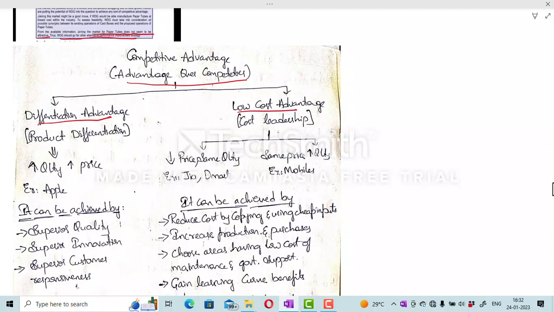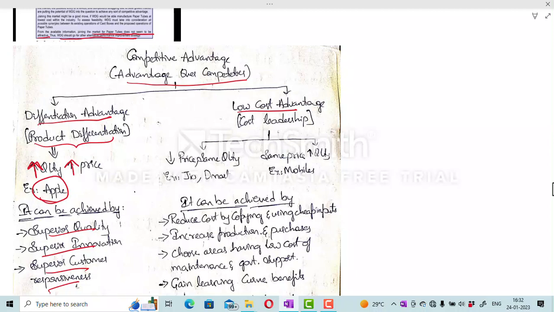Differentiation advantage can be earned by giving product differentiation, means providing high quality product at high price, like the premium prices that Apple charges. It will give high quality products at high prices. It can be achieved by superior quality, superior innovation, and superior customer responsiveness.